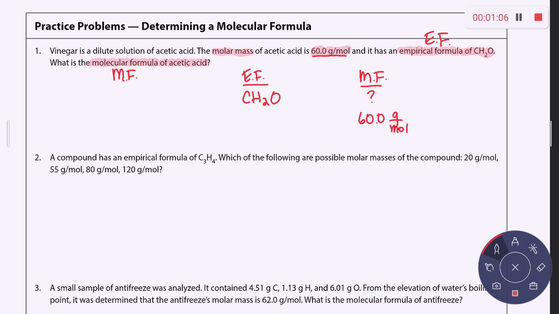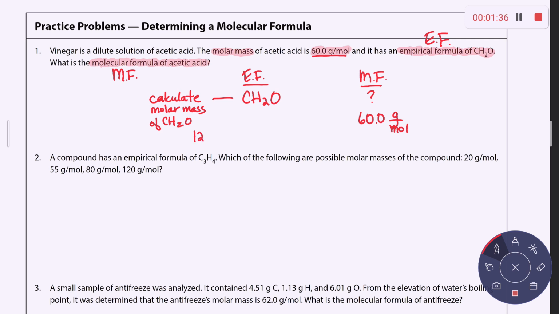Since the molecular formula is a multiple of the empirical formula, what you want to do is calculate the molar mass of CH2O. We're going to do that by looking at the periodic table. When you look at your atomic mass periodic table, what is the molar mass for carbon? 12.01.